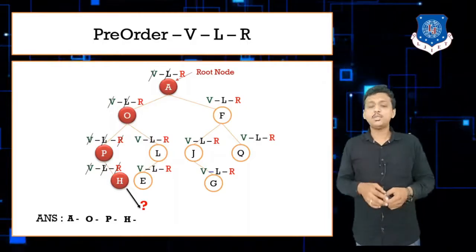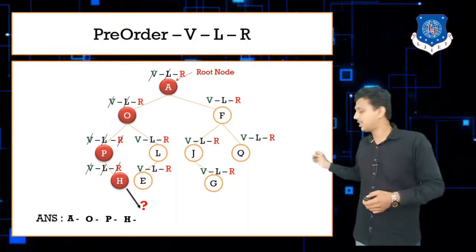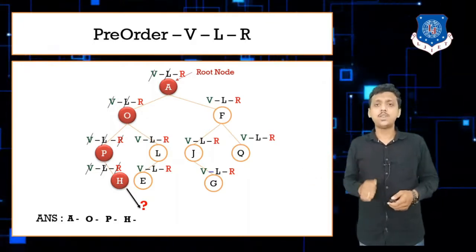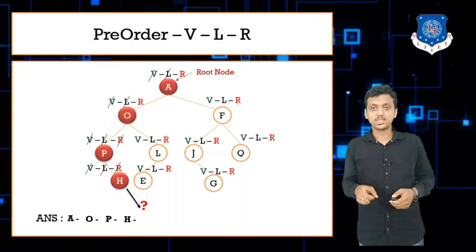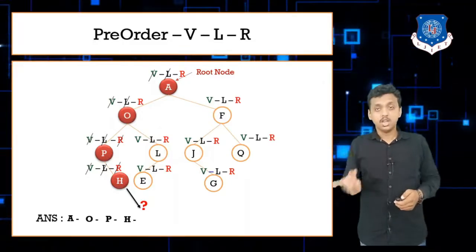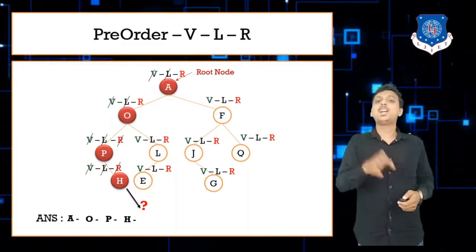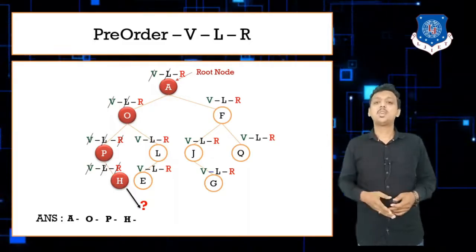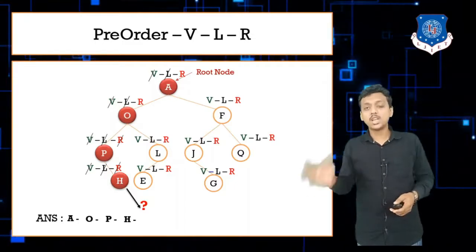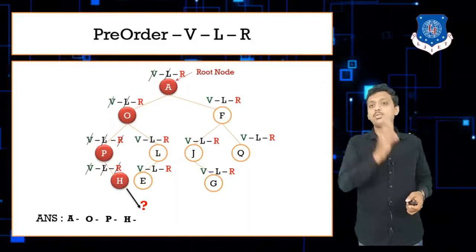Now, can anyone tell me, what is the degree of the H node? That is 0. So that's another definition for a leaf node: if the degree of a node is 0, if the number of subtrees is 0, if the number of children is 0, then it is known as a leaf node. Always remember that the number of children is equal to the number of subtrees, which is equal to the degree.